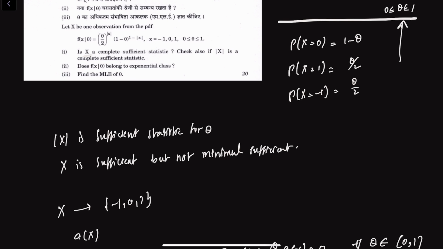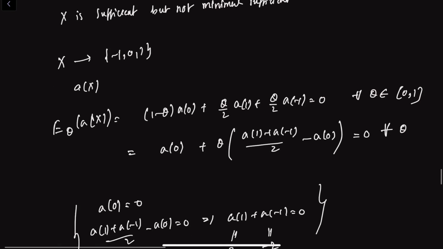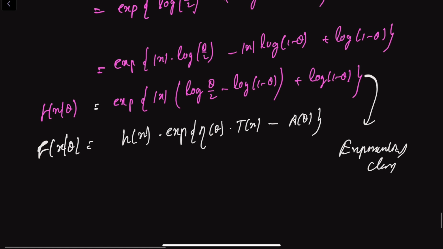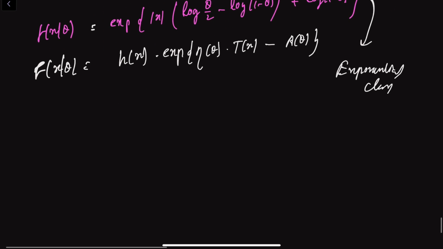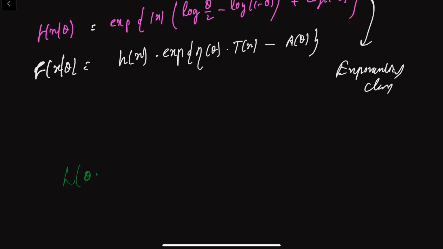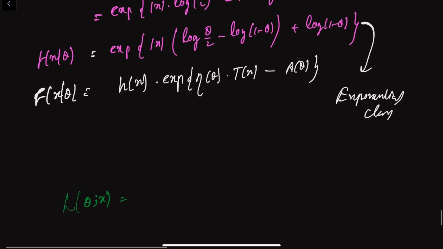Now in the third part, we need to find the maximum likelihood estimate of theta. First we can write the likelihood for a single observation, L(theta | x).